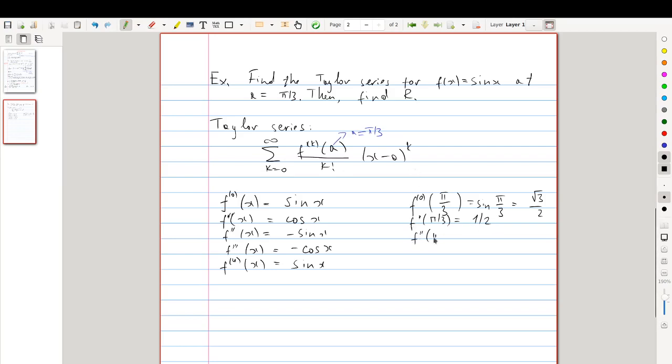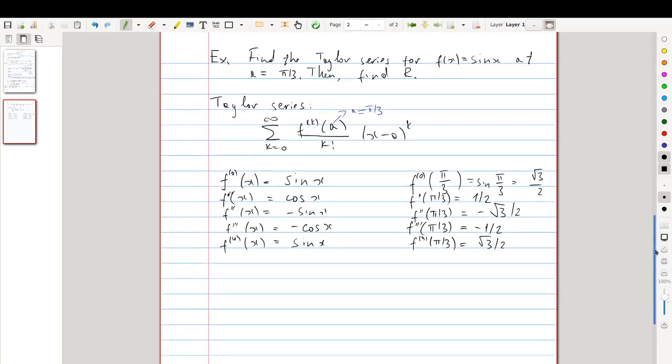The second derivative gives us minus sine at pi over 3, so that would be minus root 3 over 2. The third derivative gives minus cosine, so that evaluated at pi over 3 gives minus 1/2. And finally, the fourth derivative is again root 3 over 2. Great. So here we have all the distinct derivatives listed.